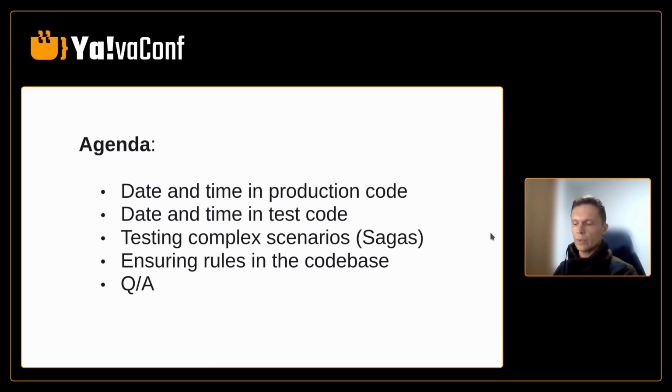So this will just flow from the beginning to the end, where we would like to see what's the most common problem that probably most of you have in your code bases that disables cool things or the ability to test some production code. So first of all, we will take a look at this, and we will see all the consequences, problems, and potential so-called solutions that we try to apply when we stumble upon those problems.